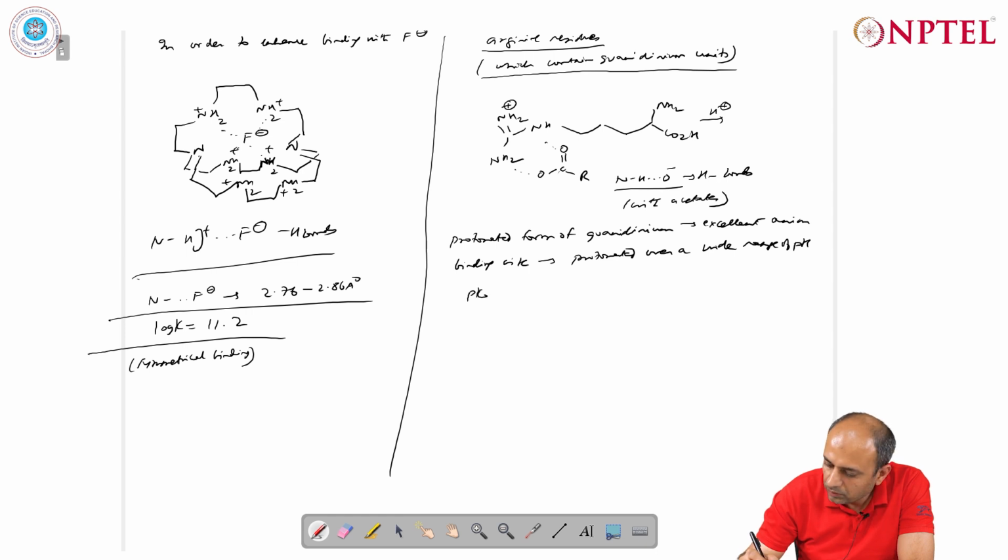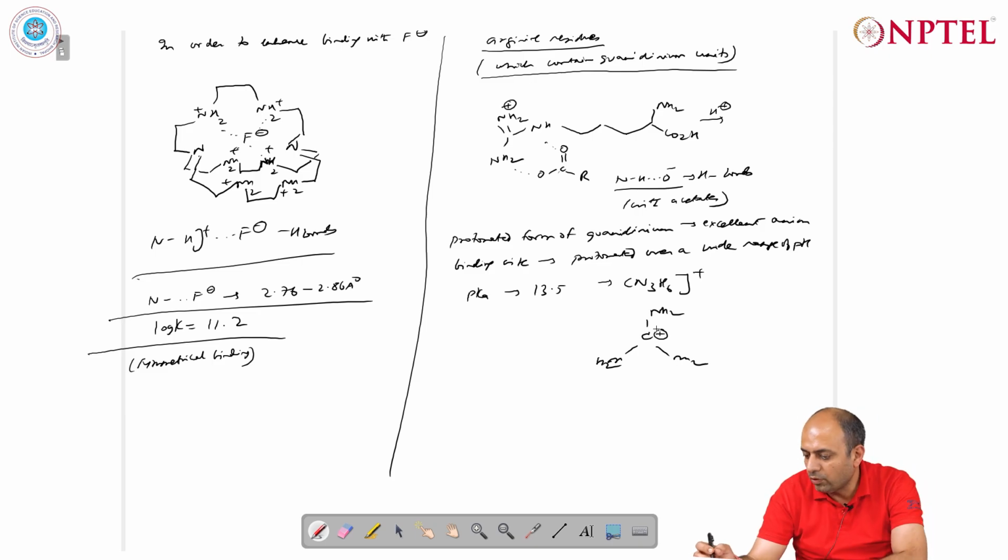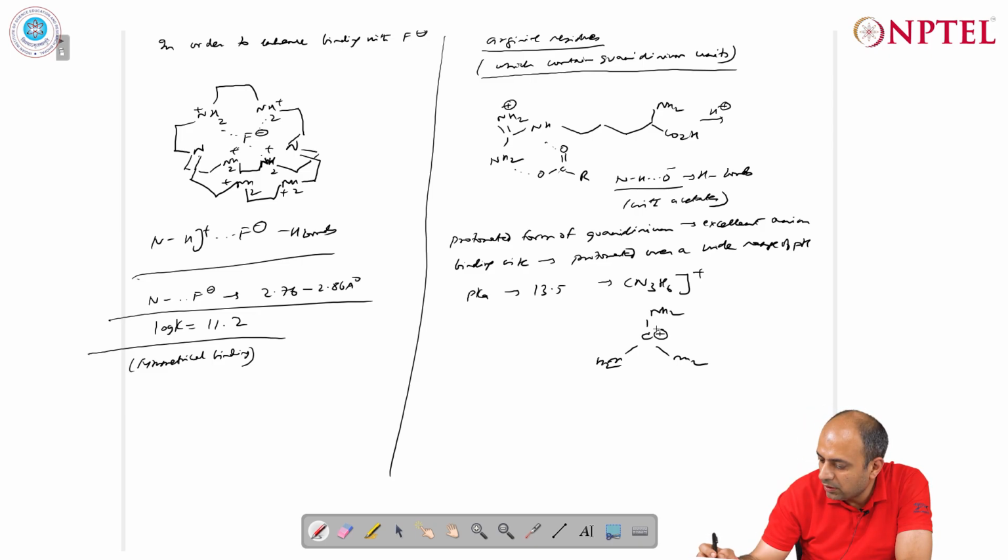So, the pKa is 13.5 for the species CN3H6+, that is C with NH2, NH2 and NH2. This is the protonated form of guanidine, and you can see that the pKa of this is 13.5, and therefore, its Bronsted acidity is very low, and therefore, it will not release the proton so easily.